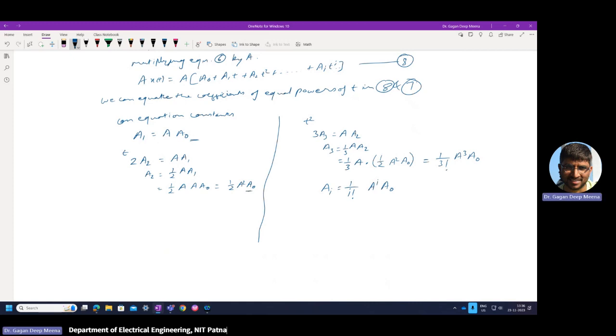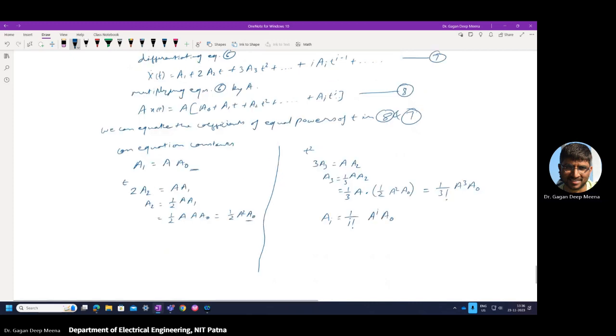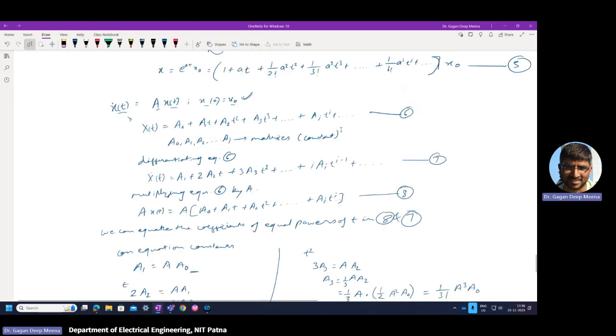And your equation number 6 would have a solution in terms of A and A0.